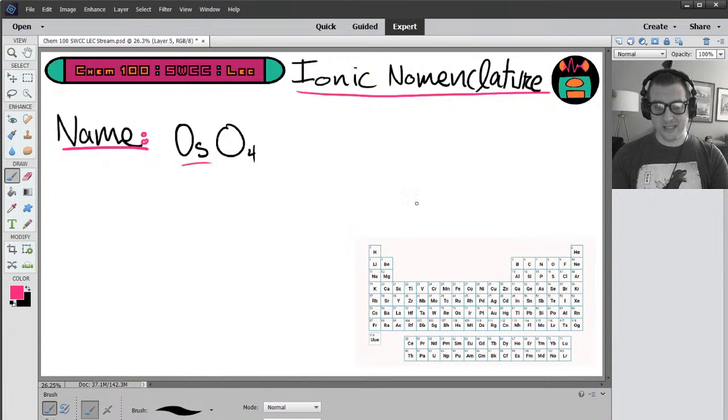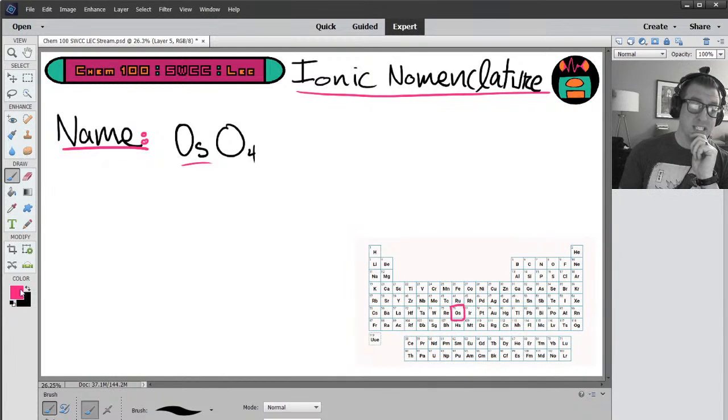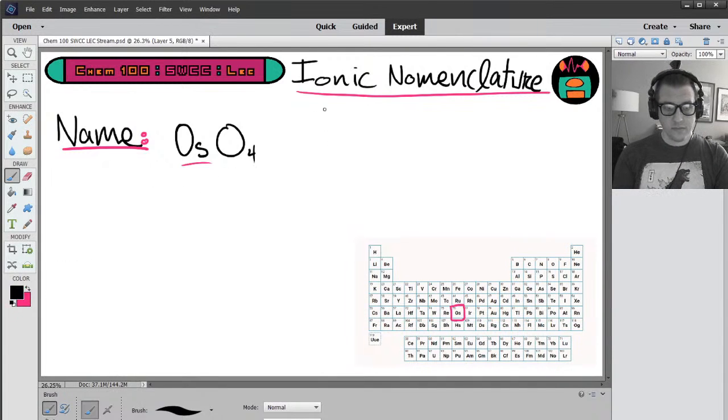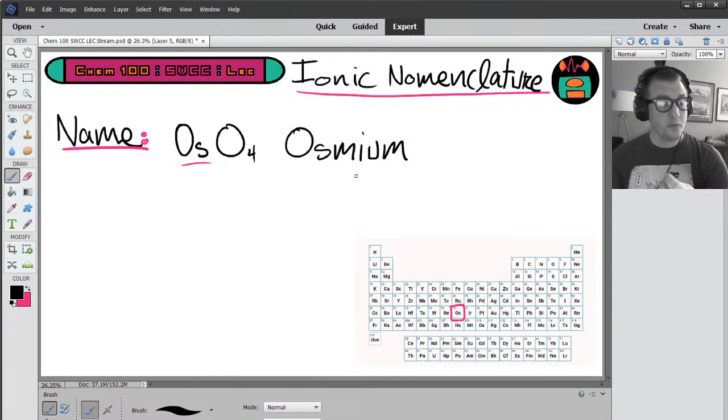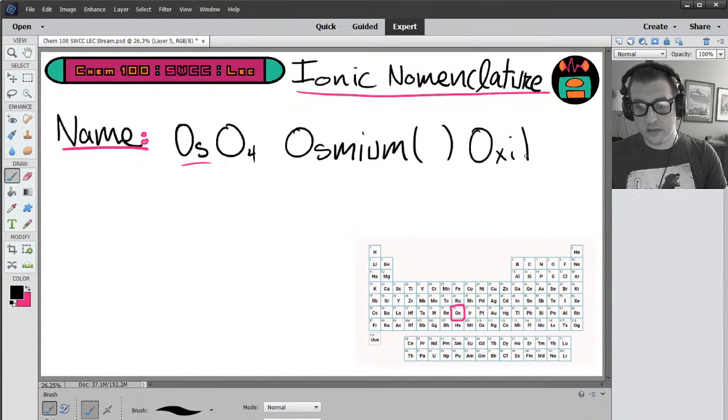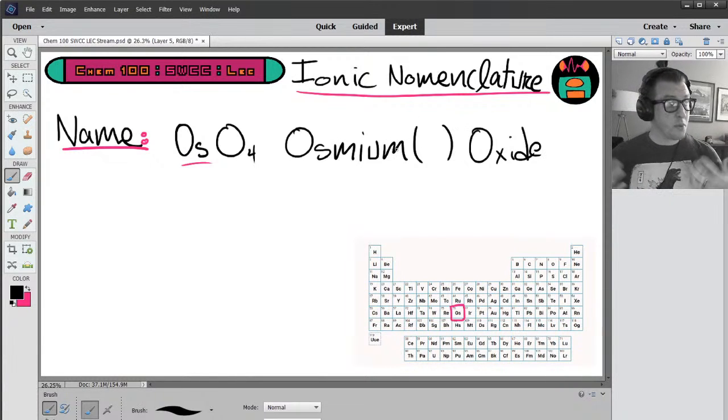Os is osmium, and you'll notice that osmium is a transition metal. So to name it, it's not enough just to say the name of the cation. We have to give the specific charge that it has in this compound. So it's going to be osmium something and then oxide. We don't know what that something is, but we have to find it.